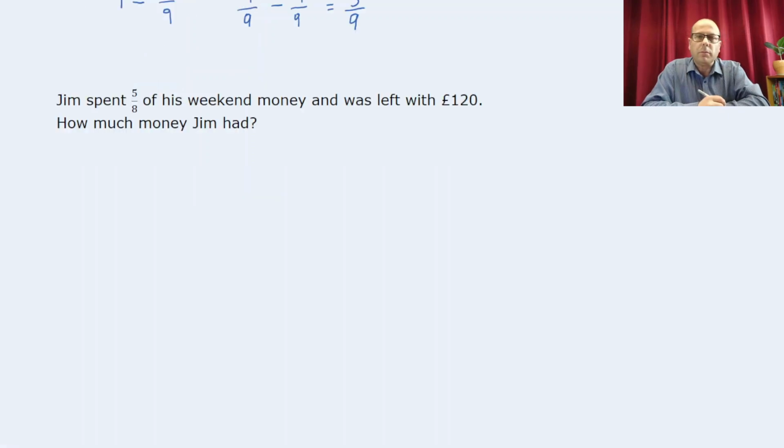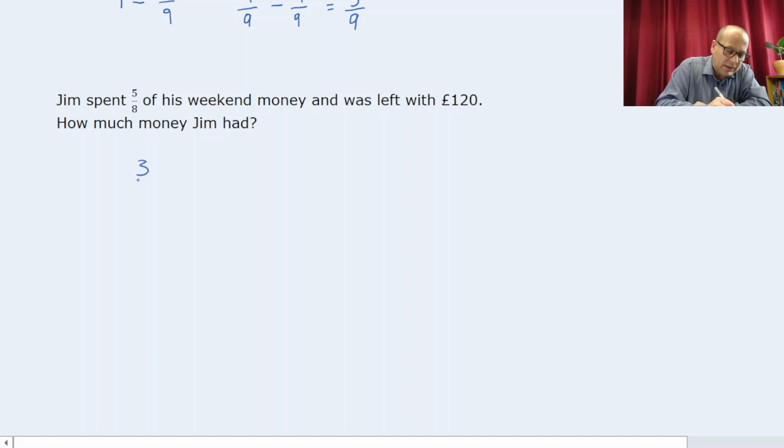Let's do another problem. Jim spent 5/8 of his weekend money and was left with 120. The 120 represents 3/8. So what I'm saying is 3/8 of his total should be 120.